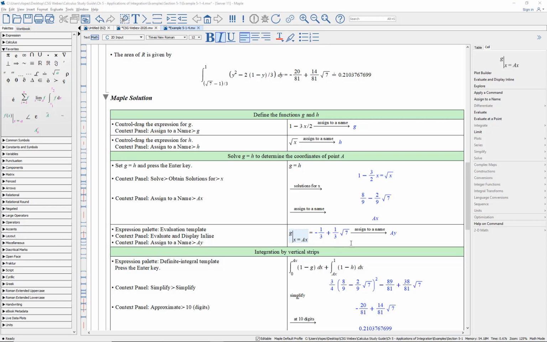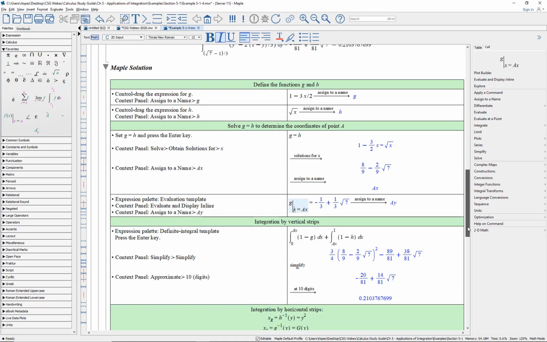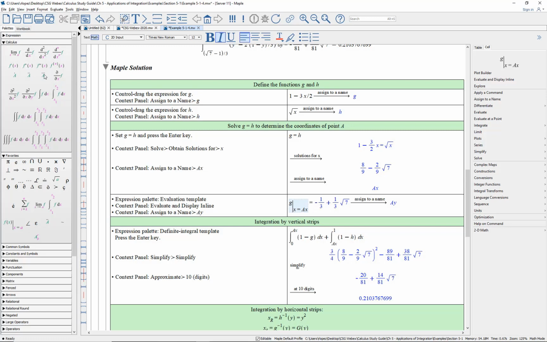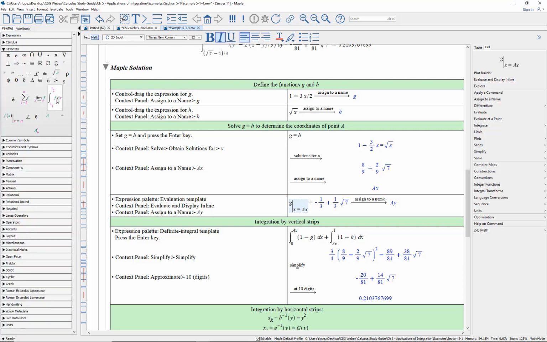Now the integral by vertical strips, that's the one where you have to split the integral into two pieces. And I do the integral with this calculus palette template, definite integral. Okay? And I've got that template here in my favorites palette.